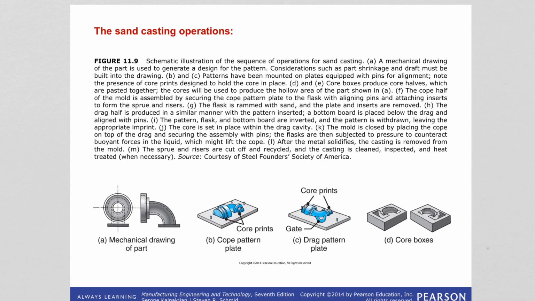So this is what we want, that's our desired part. Of course, when you are doing this design, you need to be careful about incorporating the information of shrinkage and draft, remember, for easy removal, etc.